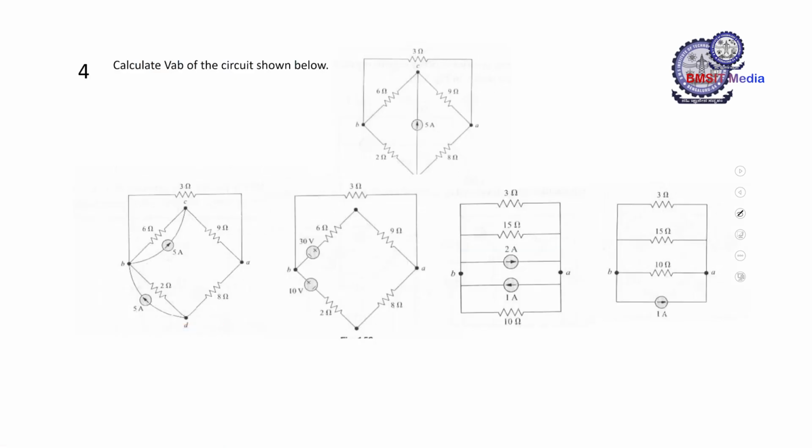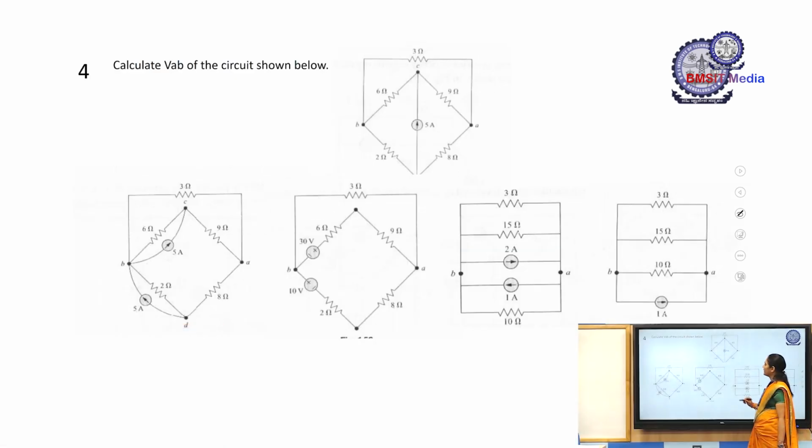Moving on to the next numerical. We have to calculate the voltage across A and B using the source transformation and the source shifting.